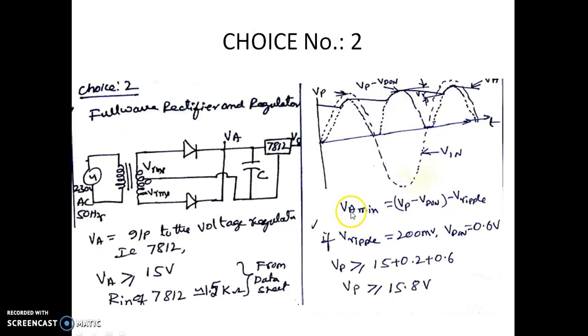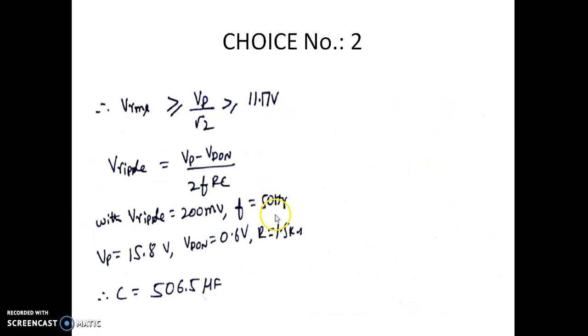Now we know that the minimum voltage, VA minimum, is nothing but VP minus VD on minus V ripple. Assuming V ripple to be 200 millivolt and VD on to be 0.6, VP should be greater than or equal to 15.8, so that we get a constant 12 volts. With VP as 15.8, the VRMS, which is VP divided by root 2, happens to be greater than 11.17 volts.